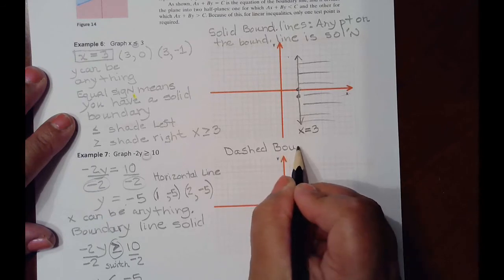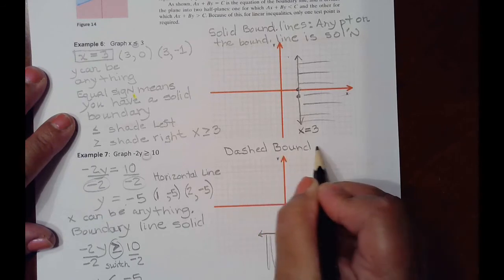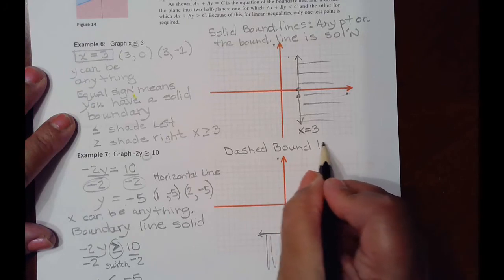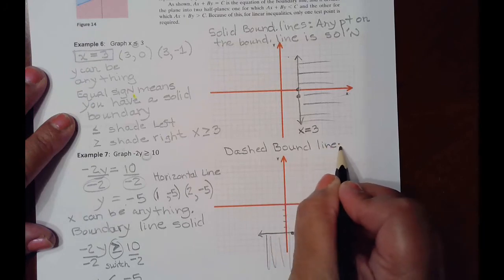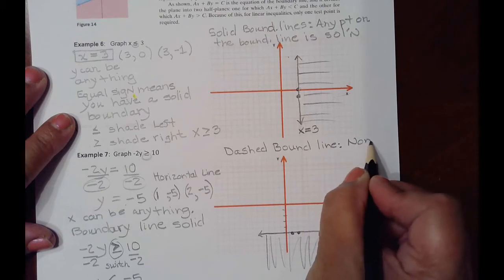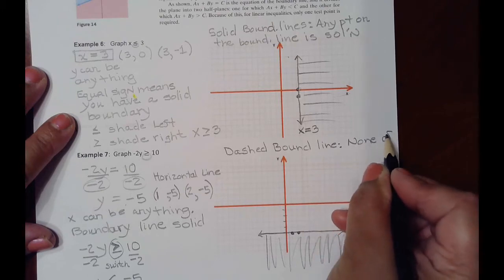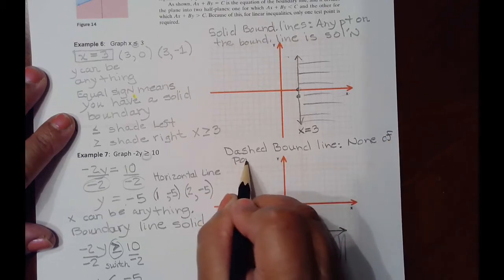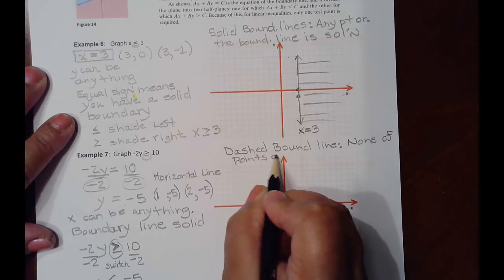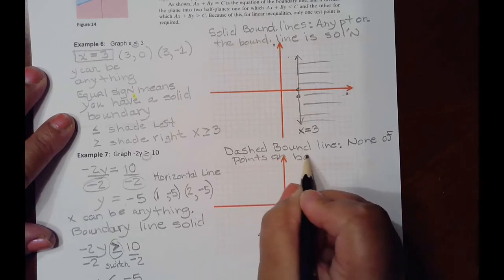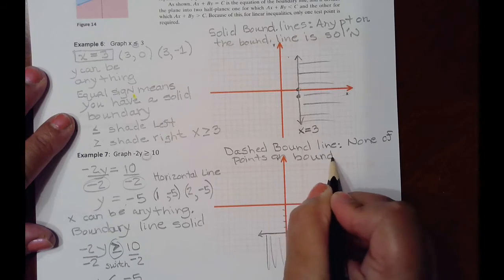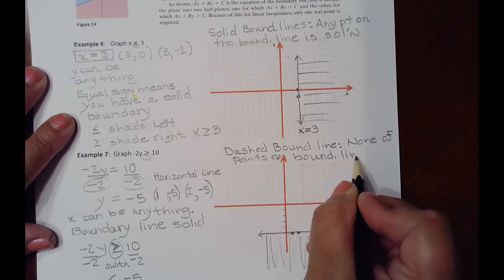For a dashed boundary line, none of the points on the boundary line are solutions.